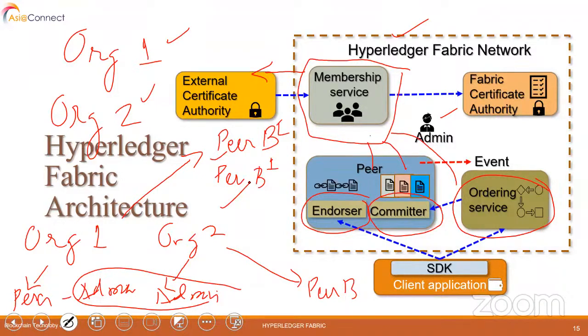Based on my identity card of IIIT DMJ, this Hyperledger Fabric network will issue me another identity card. So the Fabric Certificate Authority in that case will be issuing another identity card to me. That means my ID as a peer, what will be my role in the entire network as a peer? That is what is defined by the Fabric Certificate Authority.